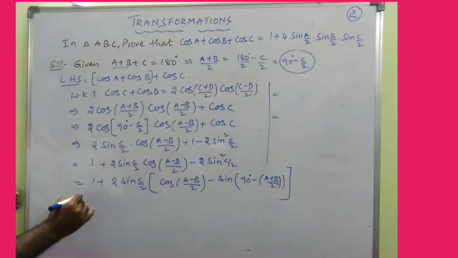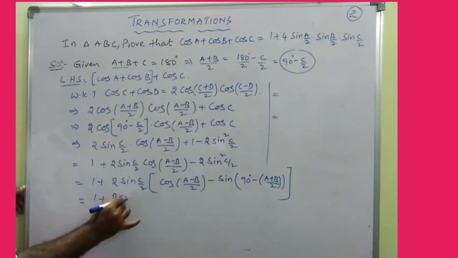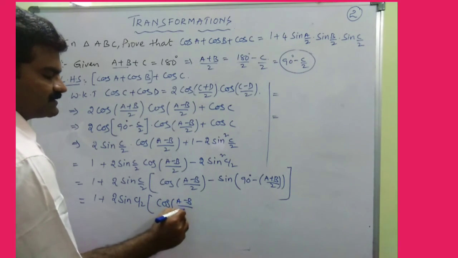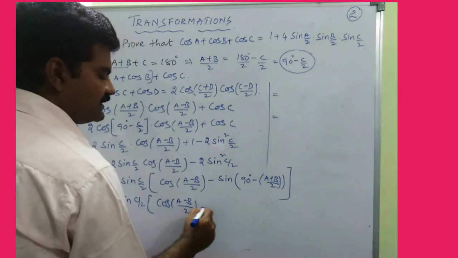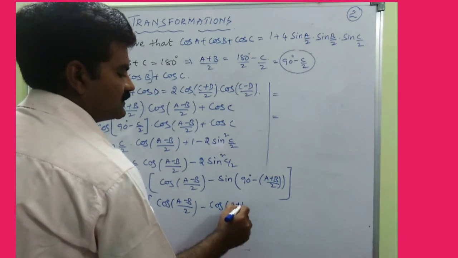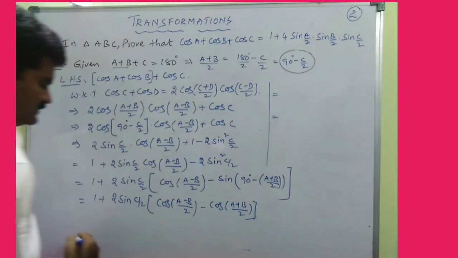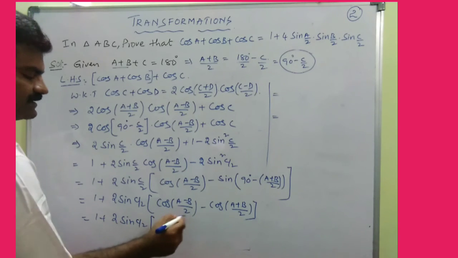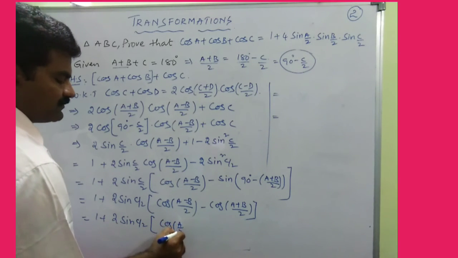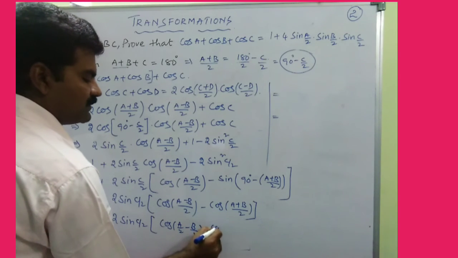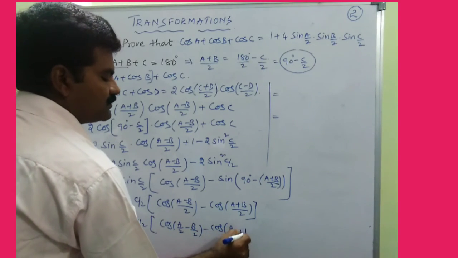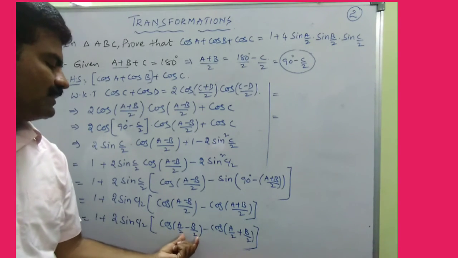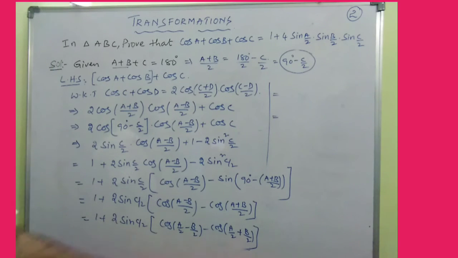Okay. So 1 plus 2 sine c by 2 into, this again we can write as it is, and coming to here, because of 90, sine changes into cos. And just for your clarification, I want to write these as cos of a by 2 minus b by 2 minus cos of a by 2 plus b by 2. So this is in the form of cos of a minus b minus cos of a plus b.